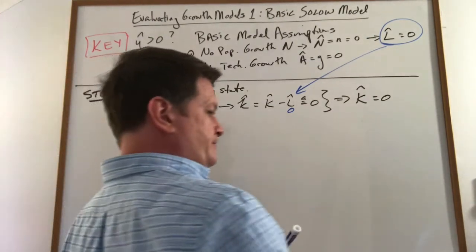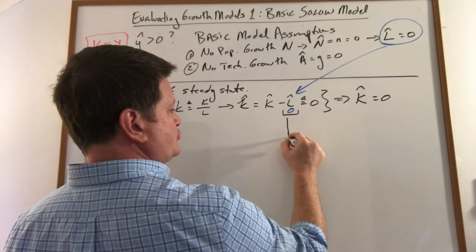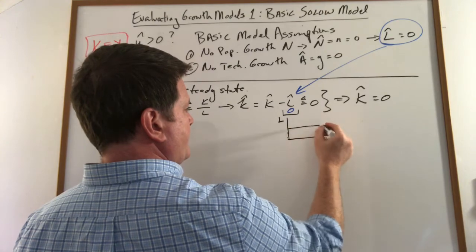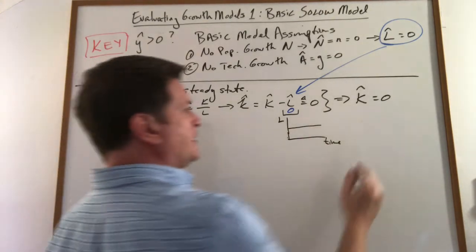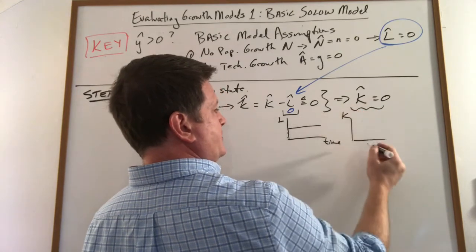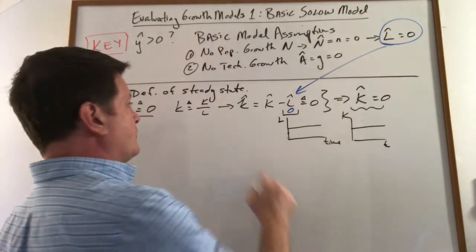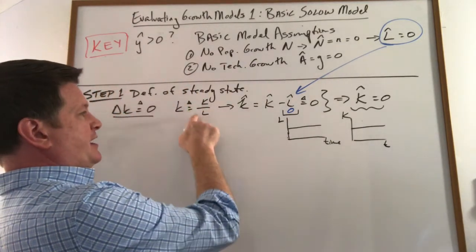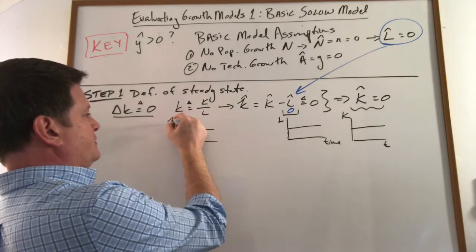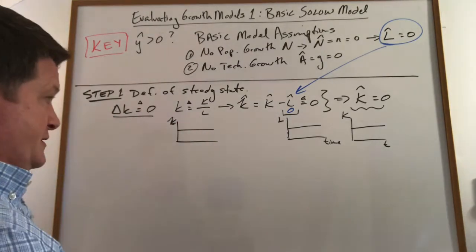Okay? What does this mean? This means if I were to draw L over time, we'd get a constant line. This being 0 also means if I were to draw capital over time, I would get a constant line. So if little k is just big K over L, both of those are constant. So my little capital, which is capital per worker, is also constant.